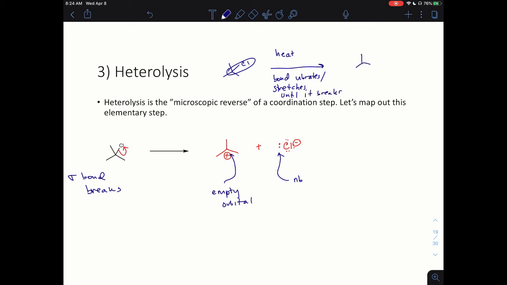It's going to form a carbocation, and it's going to form chloride. And of course, these species need to be low enough in energy that this is okay. We'll talk about it more later. But that's the heterolysis step. Now you see one thing becomes two. You just break a bond. It is the reverse of coordination.